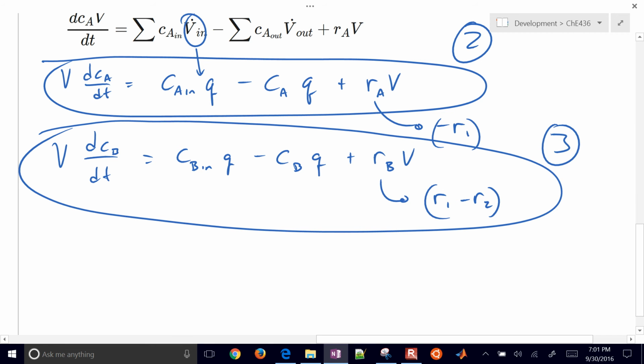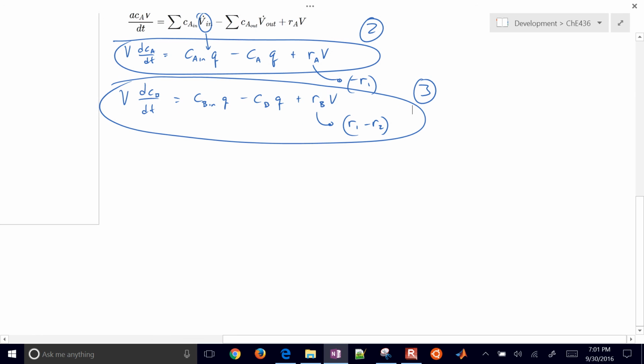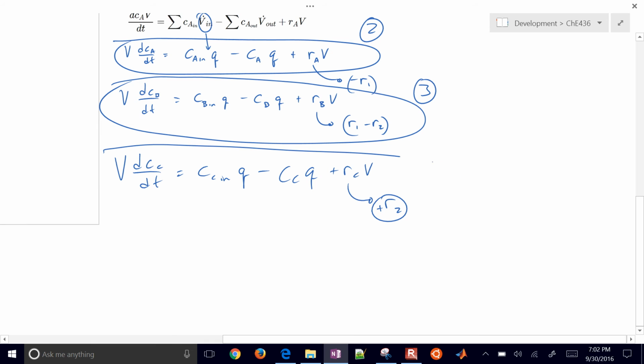Now equation number 4, you can probably guess what this one is going to be. It's the same thing, but we have C here as well: C in times Q minus C times Q plus RC times V, and RC is going to be equal to positive R2. Okay, this is our fourth balance equation.